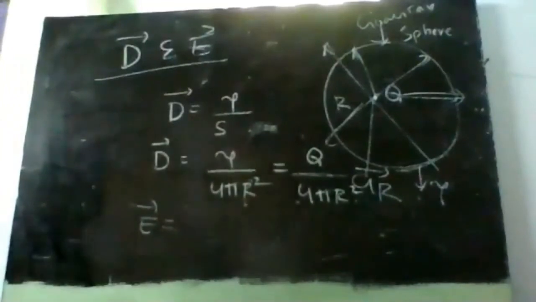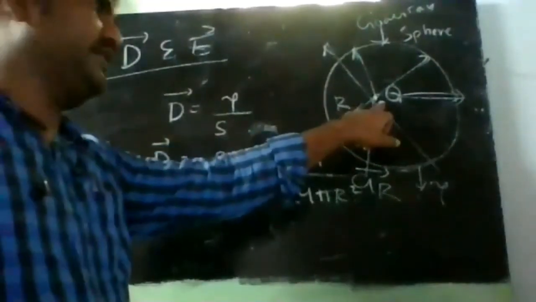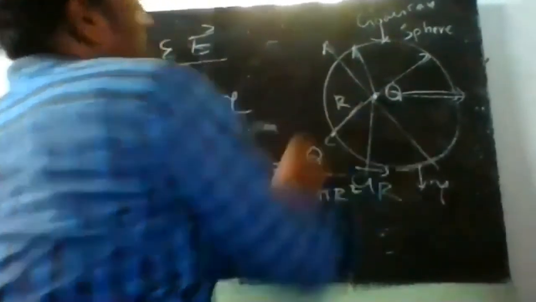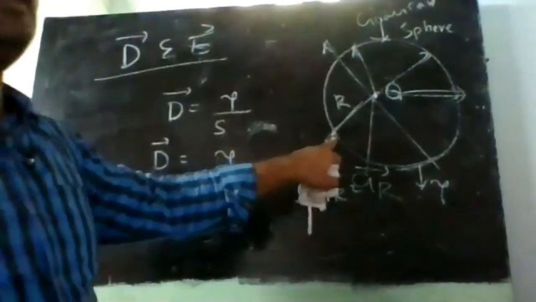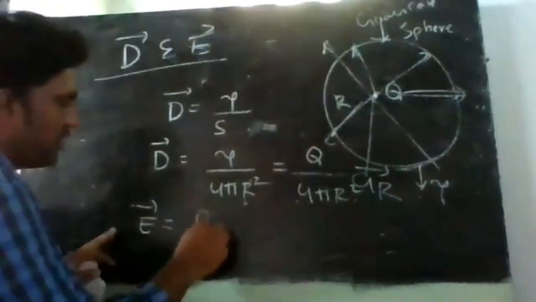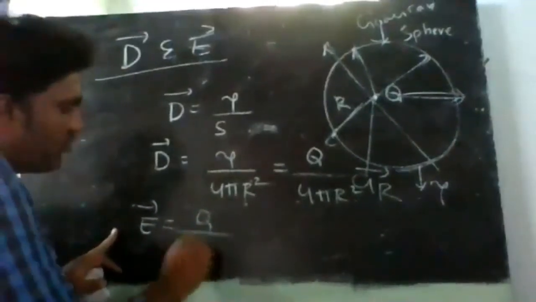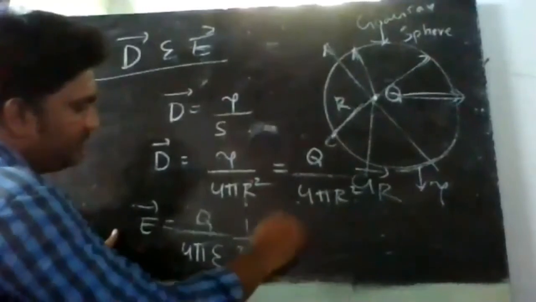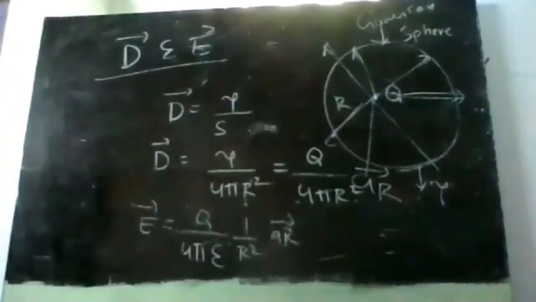Now we already know what E bar is. Because of this point charge, at a particular point at a distance of r, how does E bar come? Basically the formula, as per Coulomb's law, is q by 4 pi epsilon into 1 by r square a r bar.